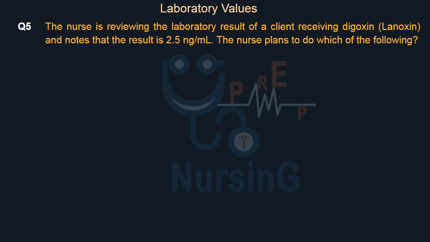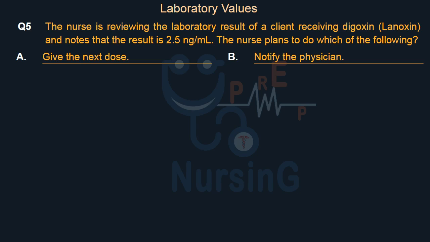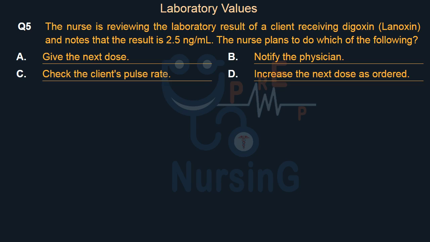The nurse is reviewing the laboratory result of a client receiving digoxin, Lanoxin, and notes that the result is 2.5 nanograms per milliliter. The nurse plans to do which of the following? Option A, give the next dose. Option B, notify the physician. Option C, check the client's pulse rate. Option D, increase the next dose as ordered.